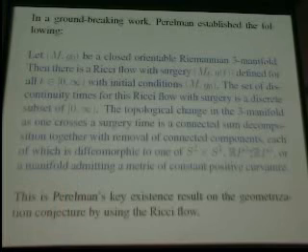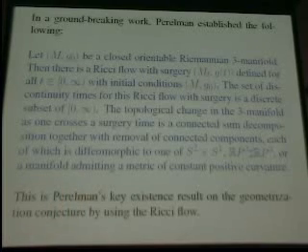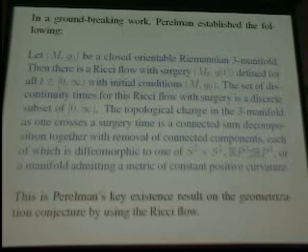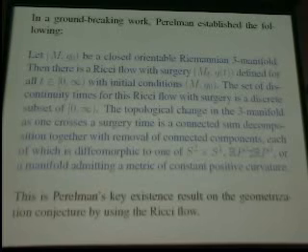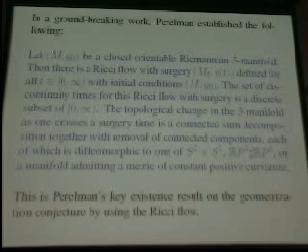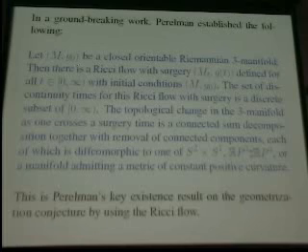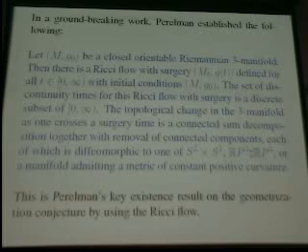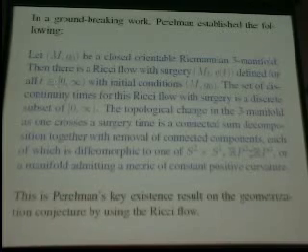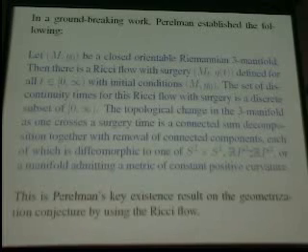Okay, so in a groundbreaking work, Perelman established the following. This is the key existence theorem for Perelman's proof of the geometrization conjecture by using Ricci flow. It says: if you have any closed, oriented three-manifold with an initial metric, then there is always a Ricci flow with surgery.